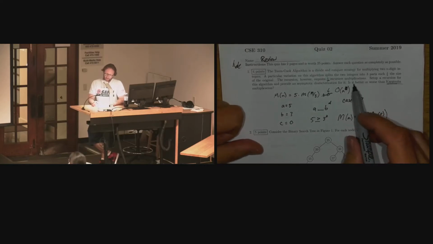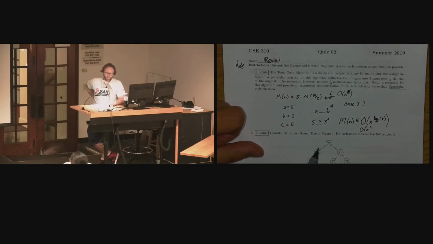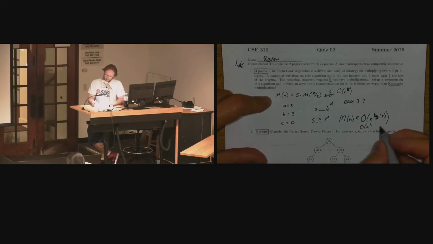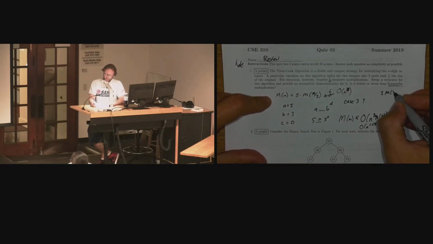And then you say, well, is it better than or worse than Karatsuba multiplication? You just look at the exponent here. Does anybody have a value for log base 3 of 5? 1 point what? 1.5, 1.9? Okay, that's good enough for me. What was Karatsuba's multiplication? You remember? I think it was 3 multiplications on numbers that were half as big with 0.